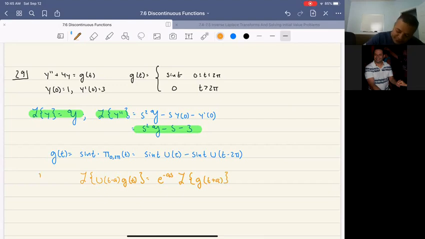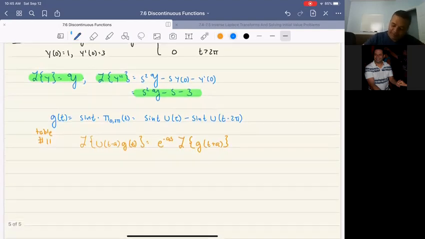Okay, that's number 11 in the table. All right, so let's go ahead and take the Laplace transform of g through this. Just a note, this is a different g. This is a g from the Laplace transform table. So just to keep that in mind.